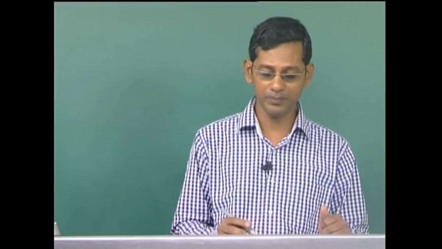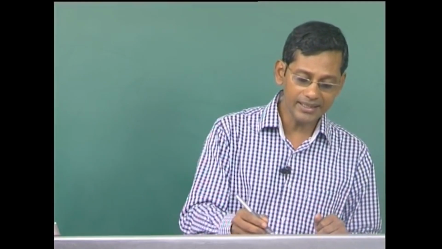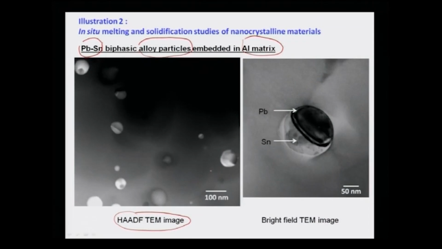What you can see in this image is the black background, which is basically aluminum, a low atomic number element, therefore it is seen as gray or black, on which there are nanoparticles like this one, or maybe this one, of different sizes.